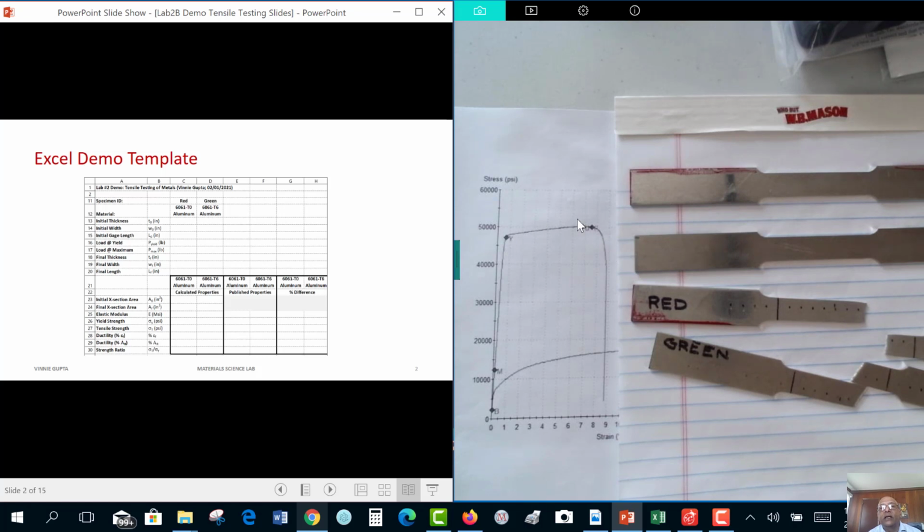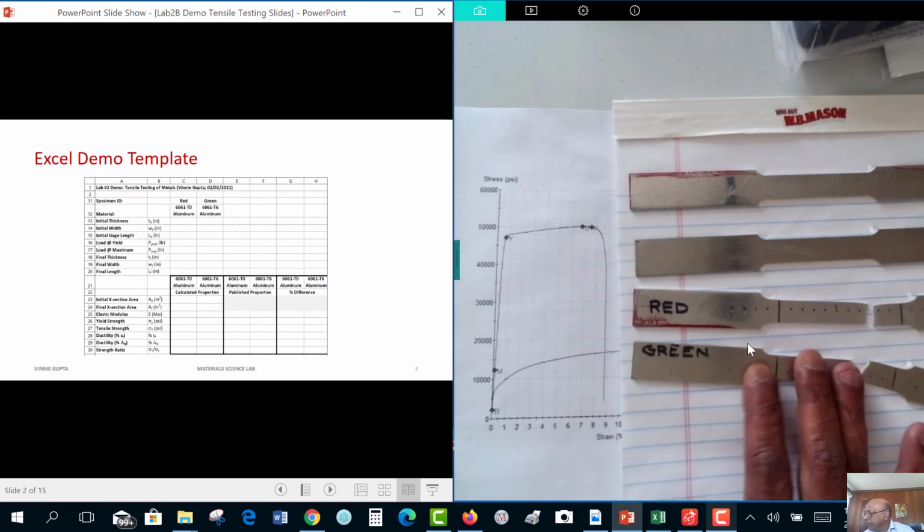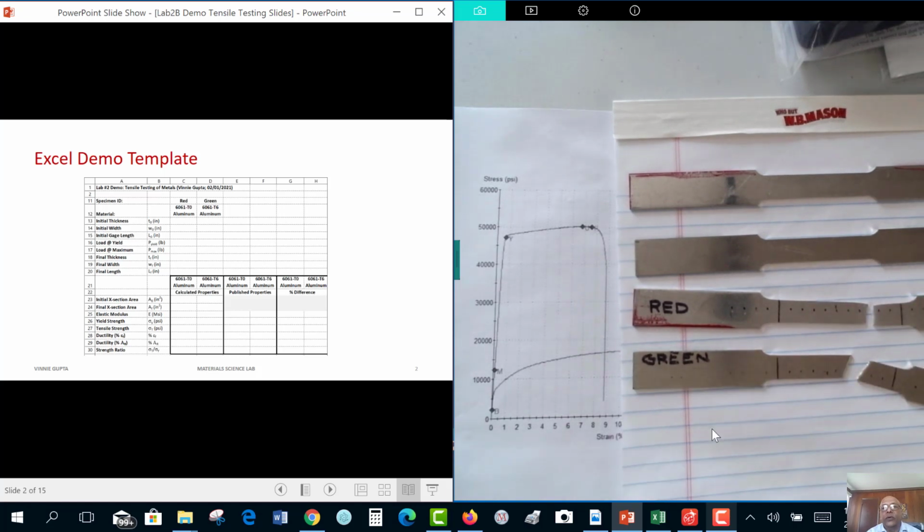This is the green curve. These are my two original samples. These are the broken samples. My numbers may not match exactly what is in the slides before because I've got data from different samples. So I've got these broken samples, and I am ready to enter the data.